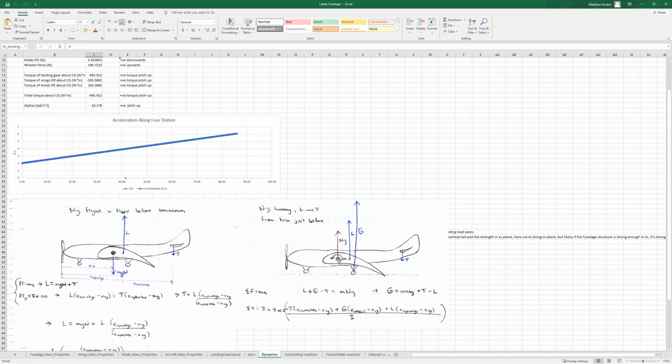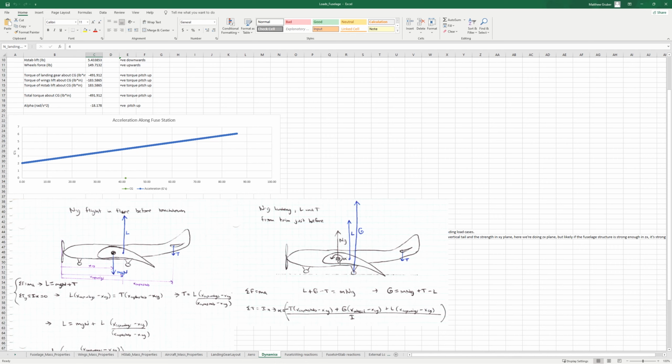You can estimate what a conservative load factor is for your aircraft from videos of similar aircraft landing, for instance, from competition videos. And you want to put in a typical hard landing that you'd want the aircraft to survive, but not necessarily over-design for what would essentially be a crash. So if you have a suspension landing gear, you can put a lower load factor here.